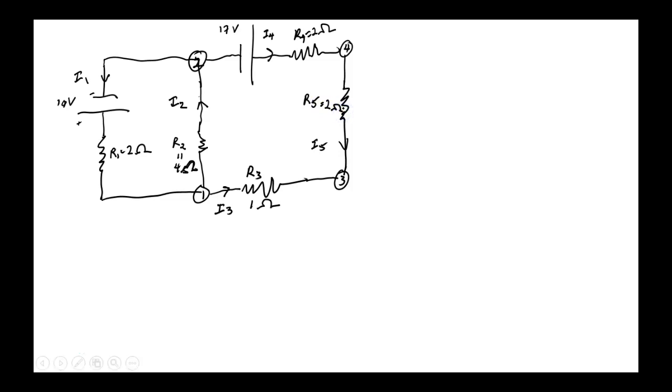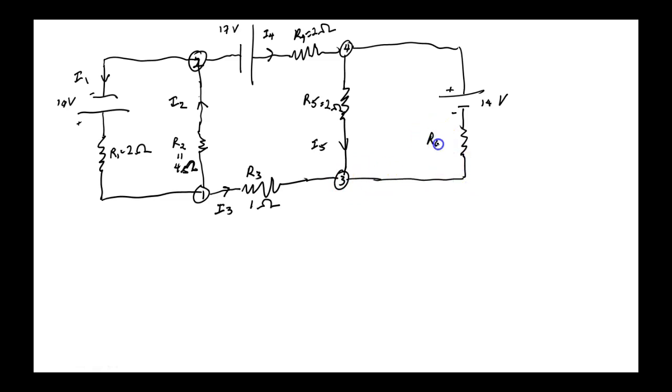One more loop over here, and that's going to have nothing on the north side. You do run into a 14 volt battery with the plus on the top and the minus on the bottom. Just below that we have resistor 6, and that's going to connect over here to 3.